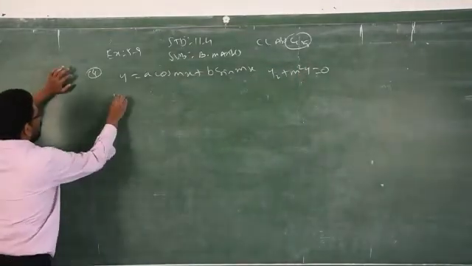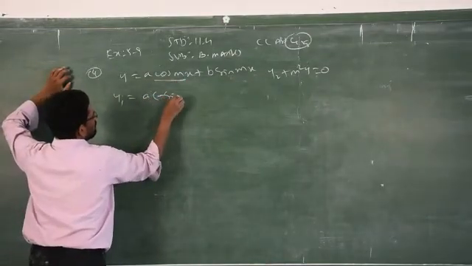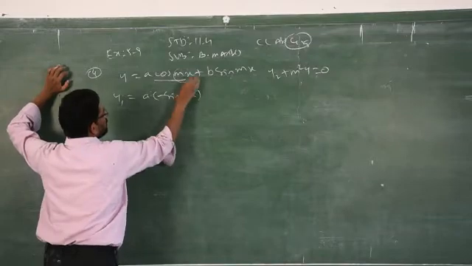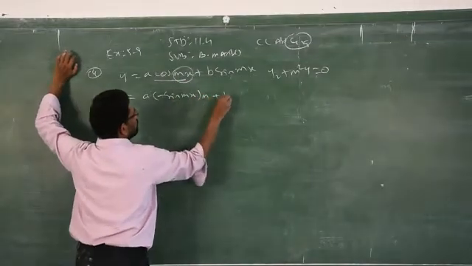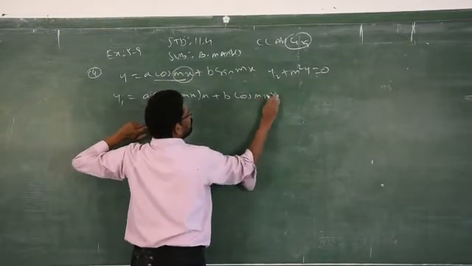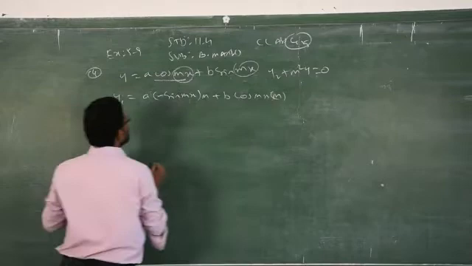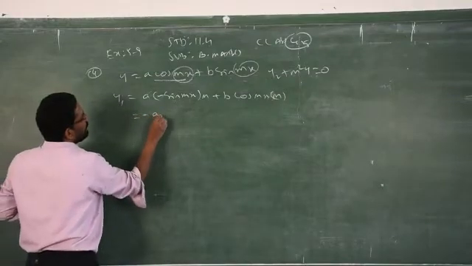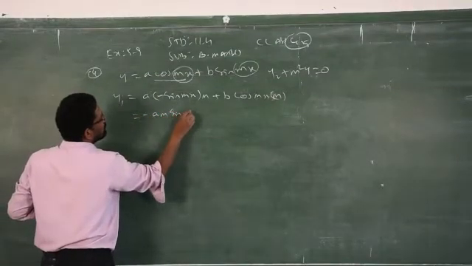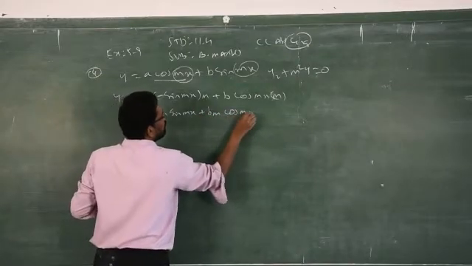So first order, y1 is equal to a cos mx will become minus sin mx, differentiation of mx is m, plus b sin mx is cos mx, differentiation of mx is m. So just you have to write minus am sin mx plus bm cos mx.